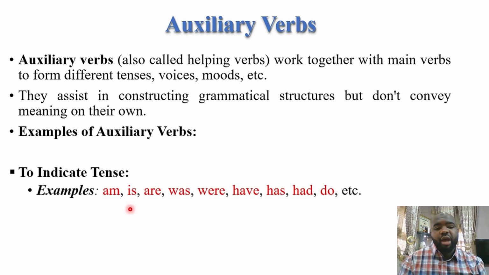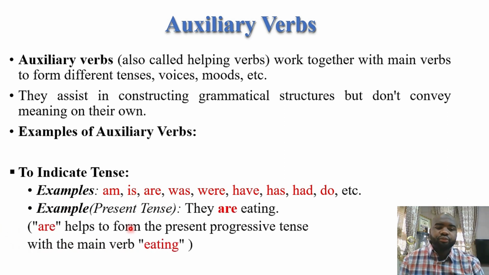For example, we have am, is, are, was, have, has, had, do. We have them here as auxiliary verbs. We also have them in linking verbs, but the way you use them differs. For example, in the present tense, they are eating.